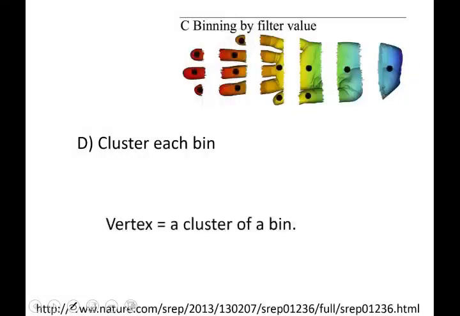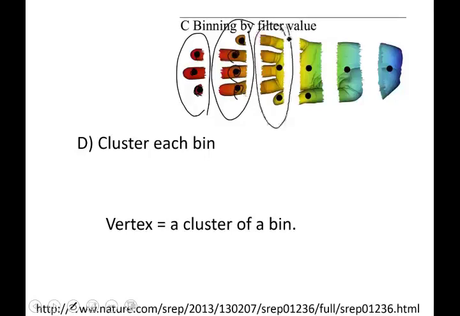Each cluster will be represented by a vertex. For this bin, remember we had these 3 clusters. For this bin, we had 4 clusters. Each of these clusters we represent using a single vertex. In this bin, we have two connected components.